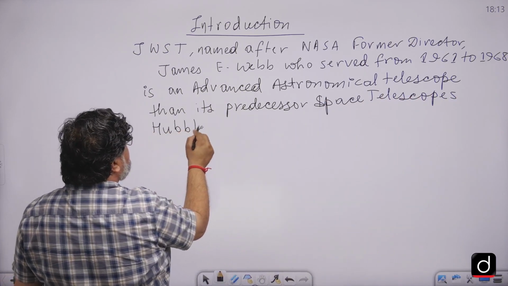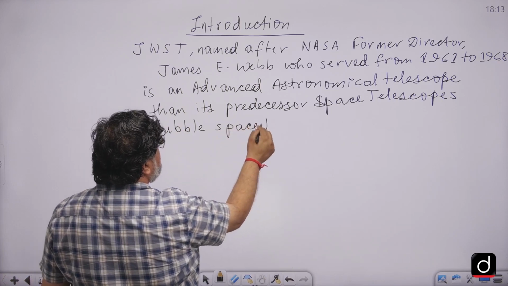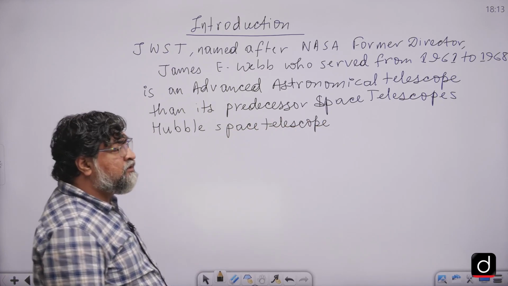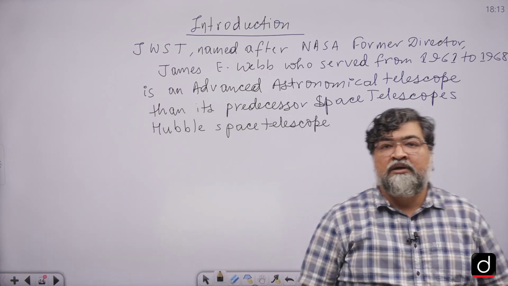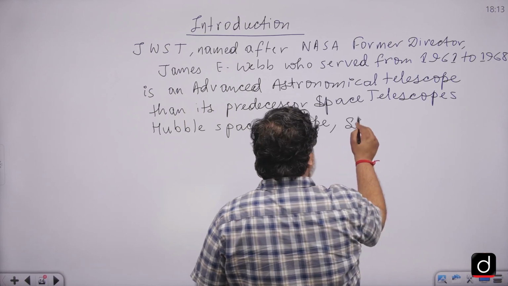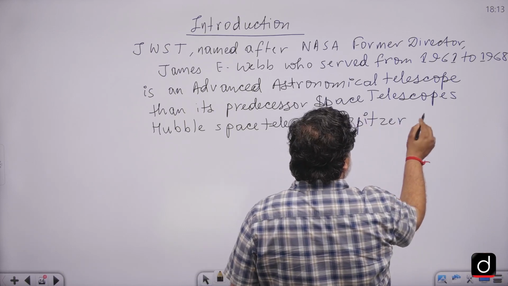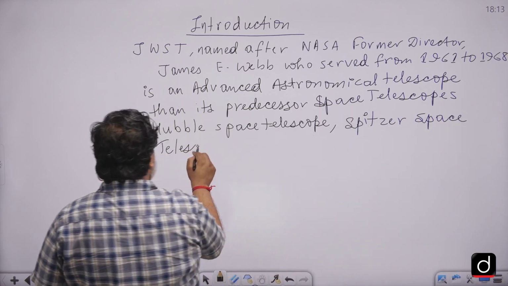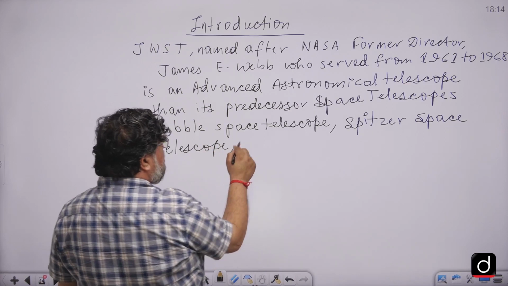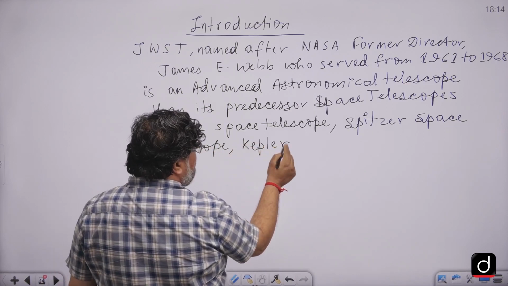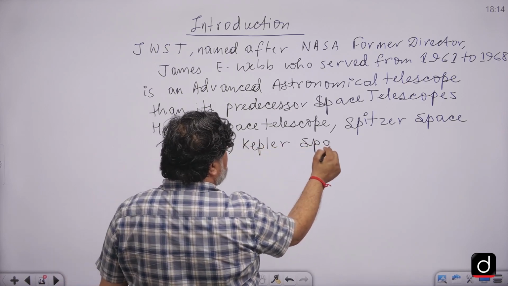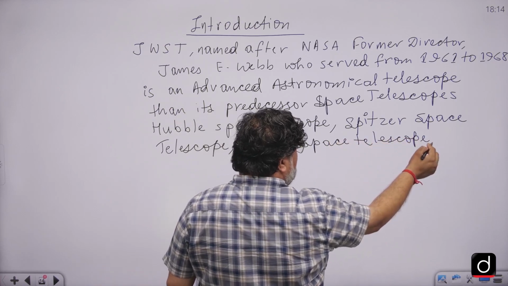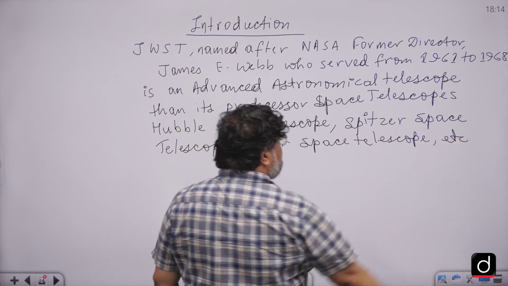One is the Hubble Space Telescope, 1990, used by NASA, the American space agency, but now Hubble has been retired. Another one is the Spitzer Space Telescope. Then the other space telescope, Kepler, to find exoplanets, the Kepler Space Telescope. Then wide area telescopes, you can give that part.